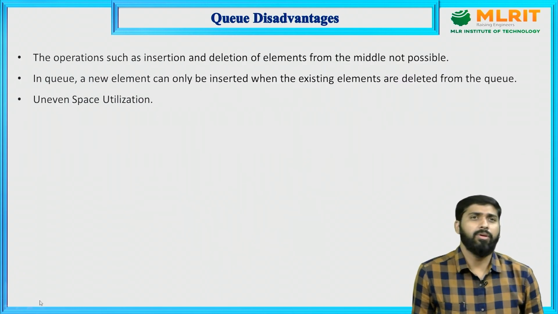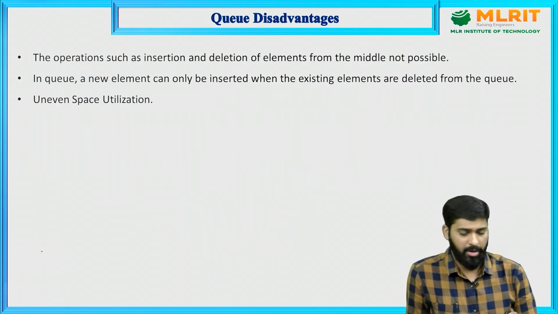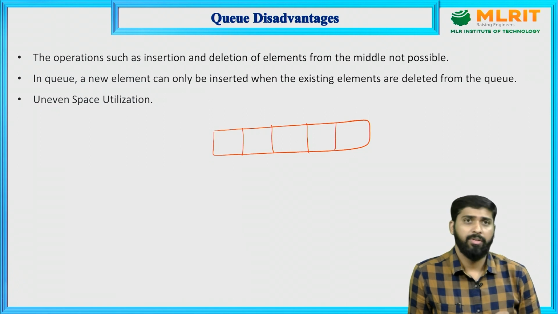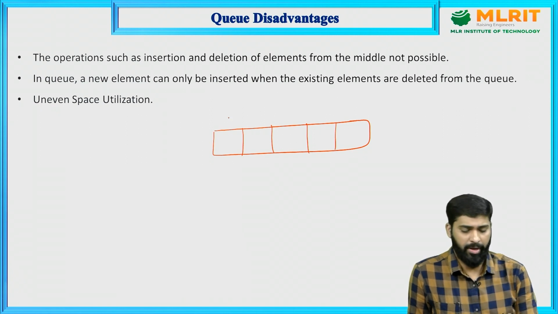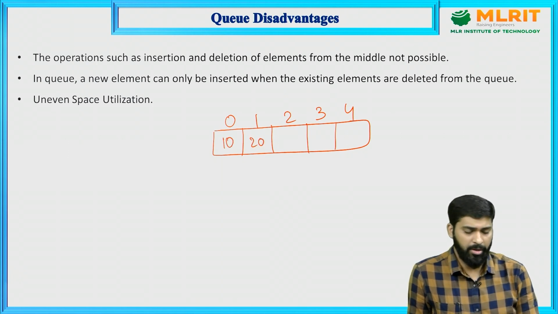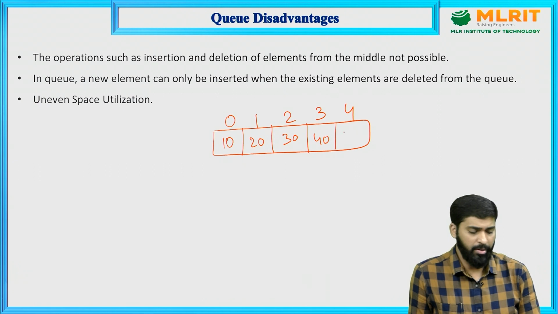So coming to Q disadvantages, here we are going to delete the elements using front. So for example this is size 5, indexes 0, 1, 2, 3, 4. Now I insert the elements 10, 20, 30, 40, 50. Now this is the rear and this is the front.